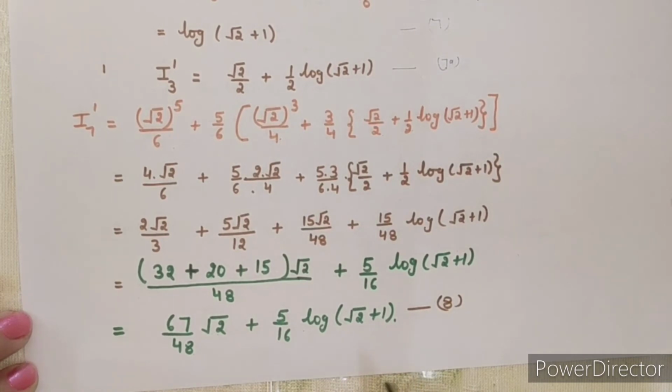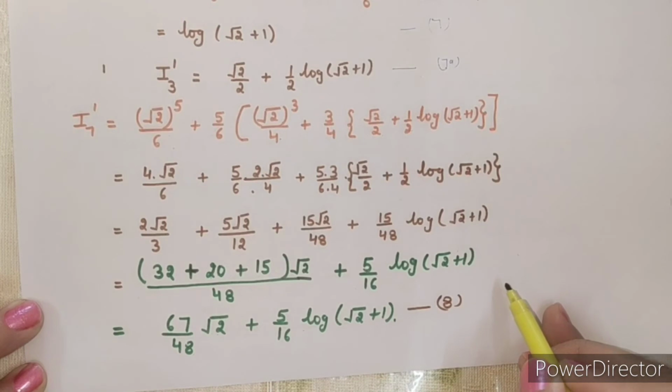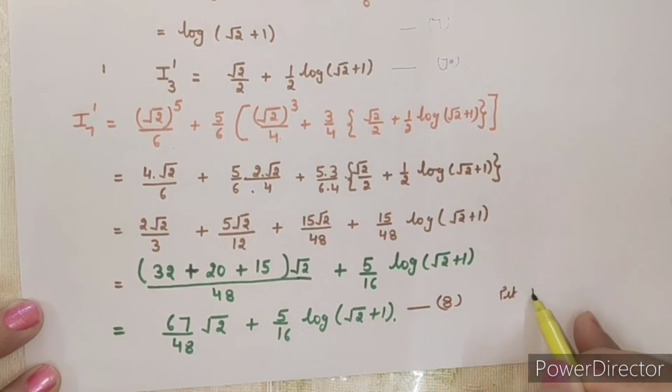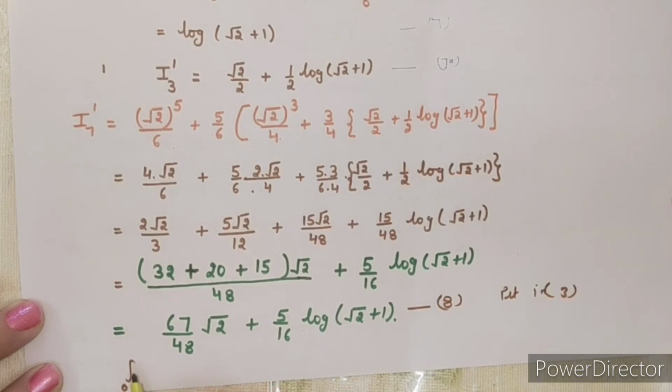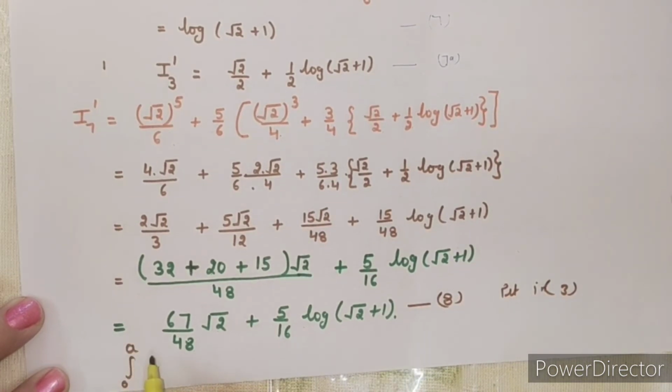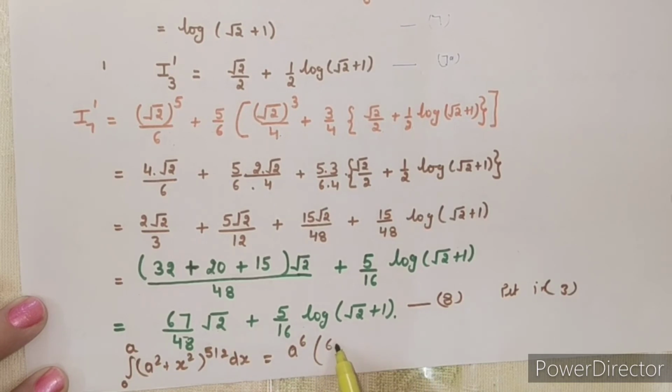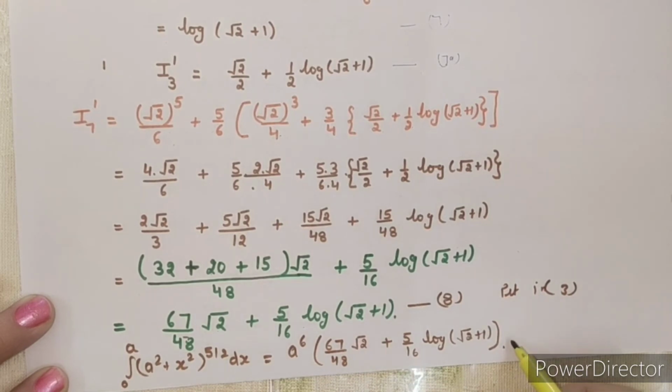Now on substituting this expression I7 dash in equation number 3, I obtained the integration 0 to a, a square plus x square, the power was 5/2 d of x. This integral is equal to a power 6, and this integral as it is here, 67/48. So it is a required answer.